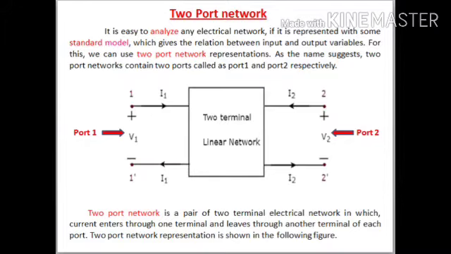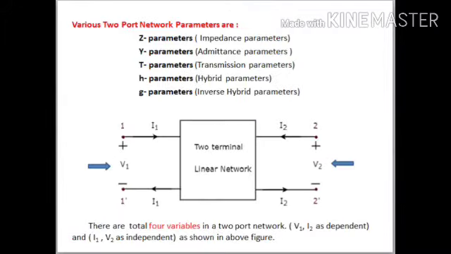Now, there are various two-port network parameters. First is the Z parameter, normally written in terms of impedance. Next is the Y parameter, related to admittance.